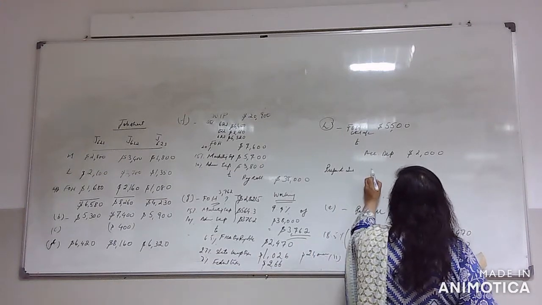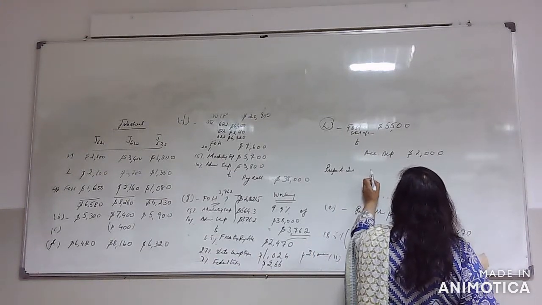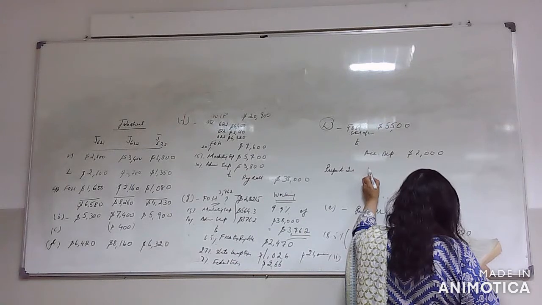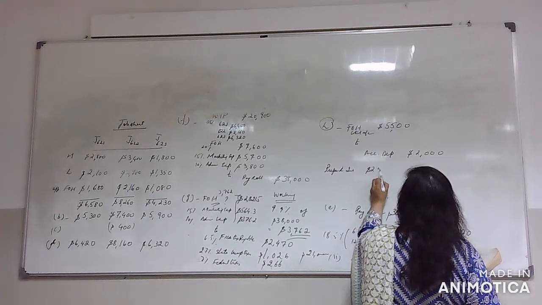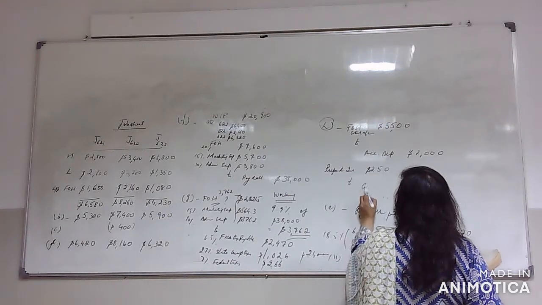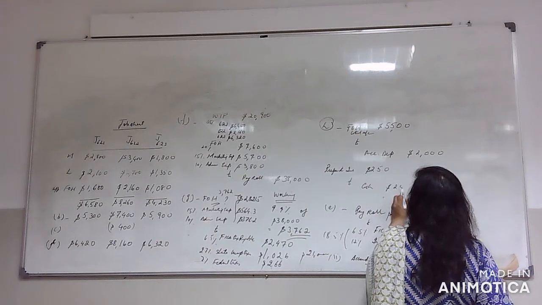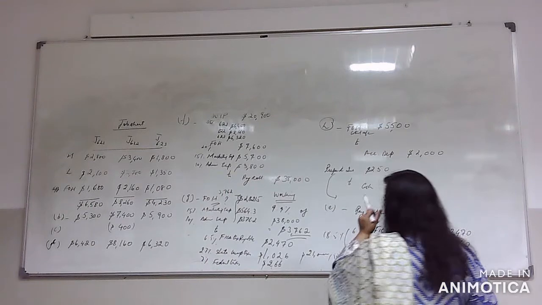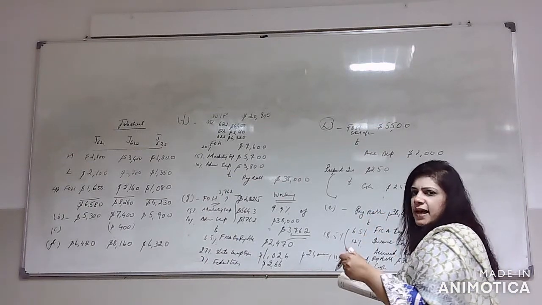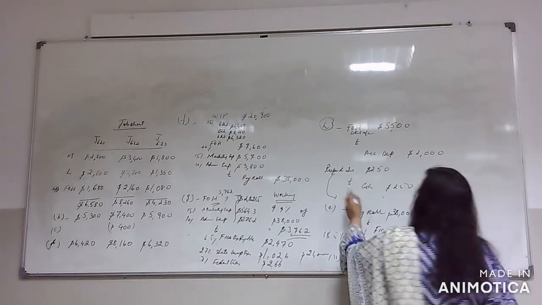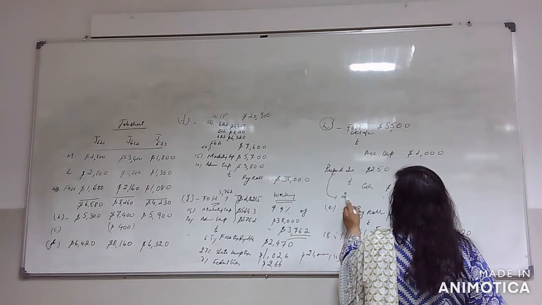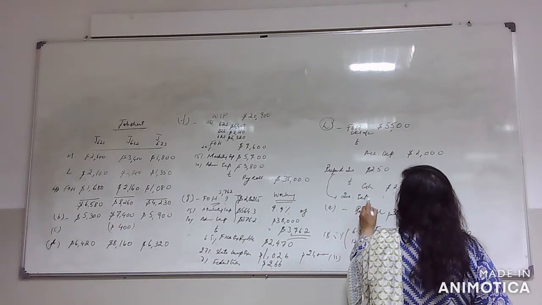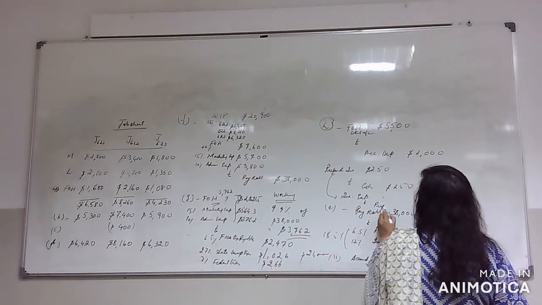So prepaid insurance was, in this case, 250, let's say it was to cash, and that was 250. But when you consume this insurance, because now the time period for which you paid the insurance is over, then you're going to reverse this by insurance expense to prepaid insurance.